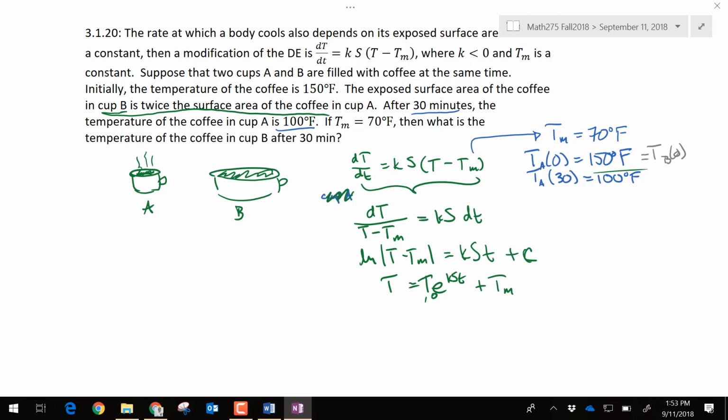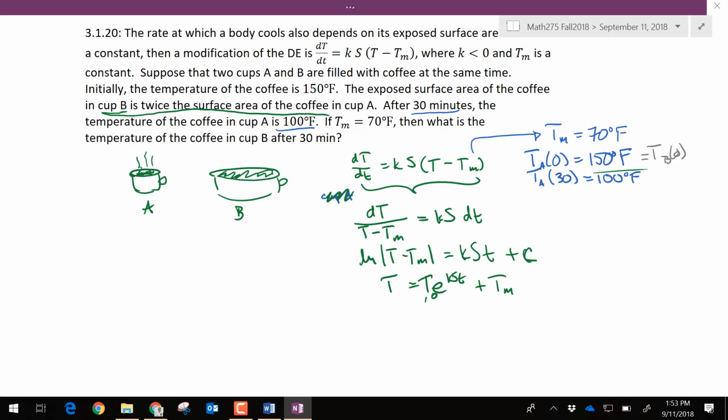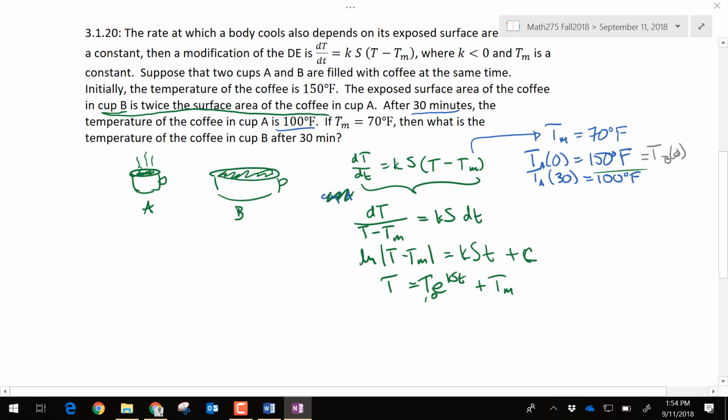So if we put 0 in there, actually T of 0 is not 150. We have to take into account the Tm. So let's work with cup A. With cup A, I got Tm is equal to 70.